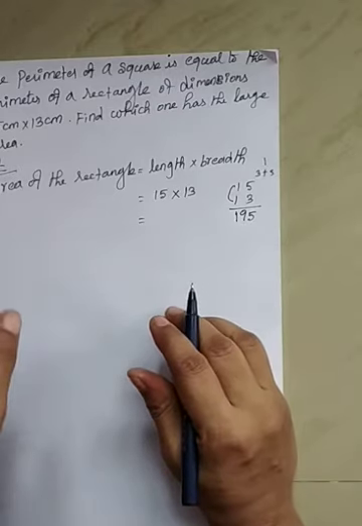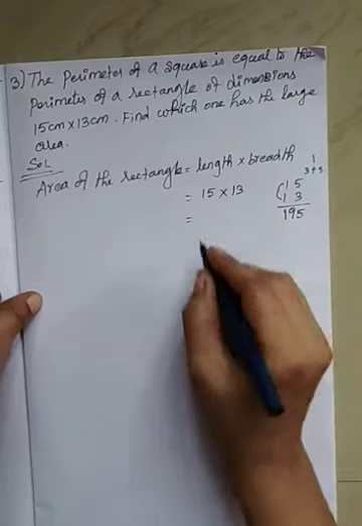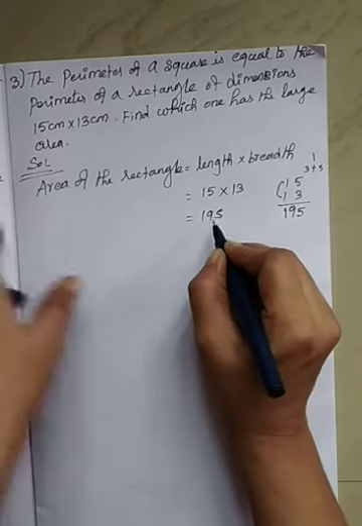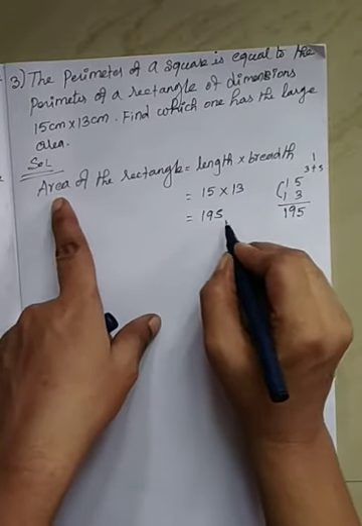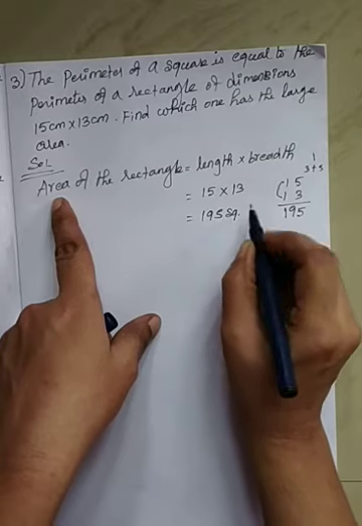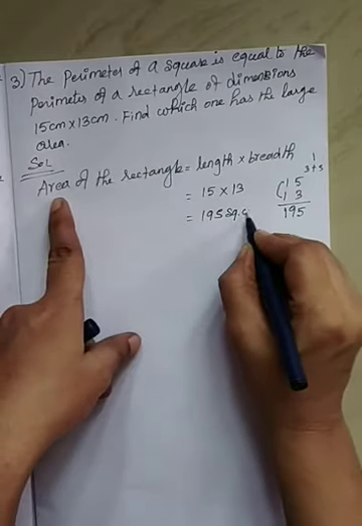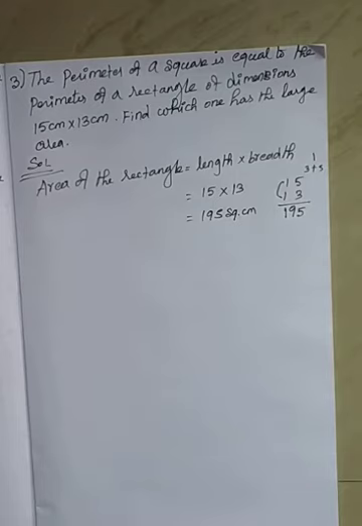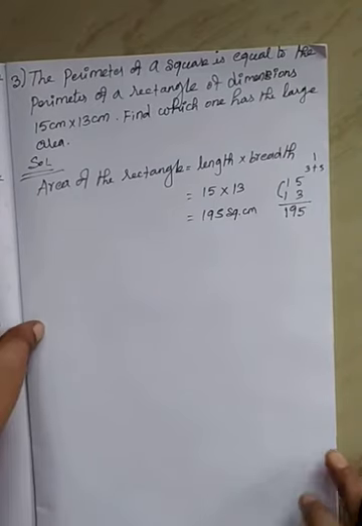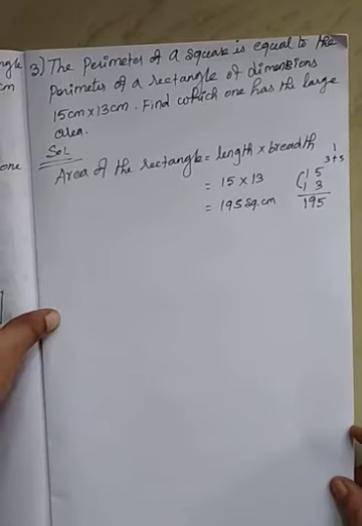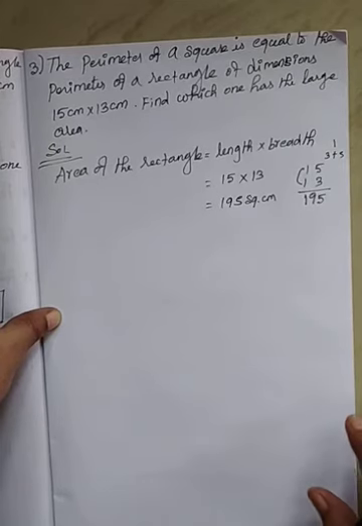So area of the rectangle is 195. This is the area, so we have to write square. This one is the centimeter, so you have to put centimeter square. Okay, see here, now you have found the area of the rectangle.